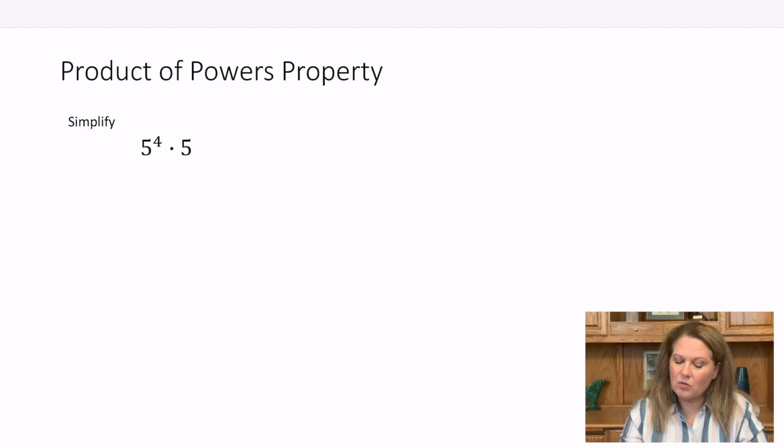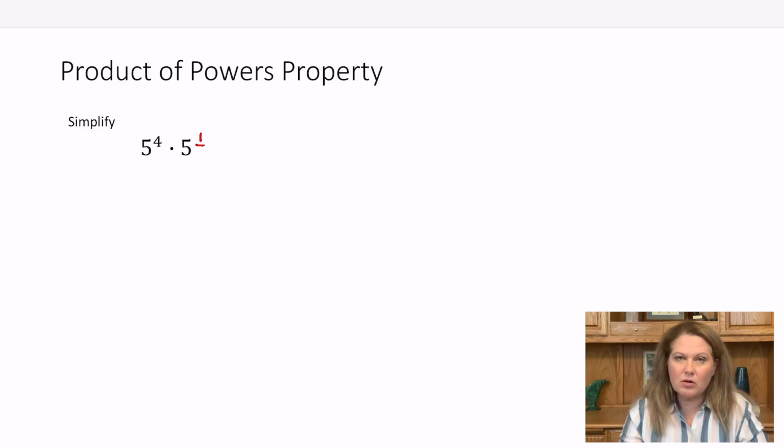You might be saying, well, there's no power or exponent on the second 5. Well, there is one. It's implied, and it's an implied 1. So you can still use our shortcut or our powers property by recognizing that that invisible 1 is there.